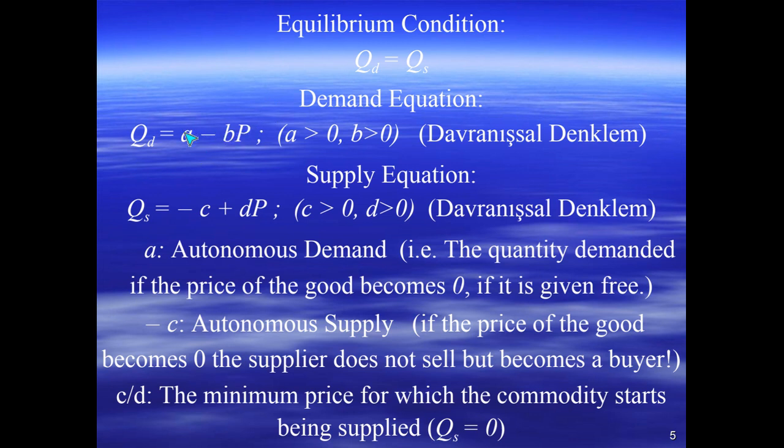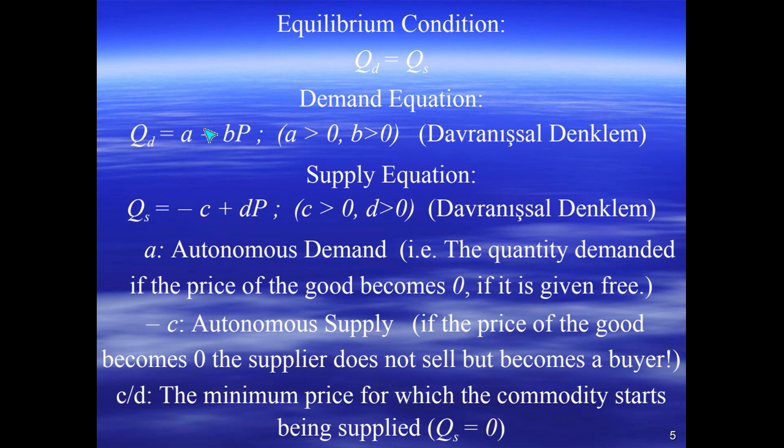This is not infinity. So even if the price of the apple is zero, how many kilograms would you take from the market? Perhaps 10 kilograms. You don't get more than this. If 100 people get 10 kilograms each, then it will be 1,000 kilograms, a ton of apple.